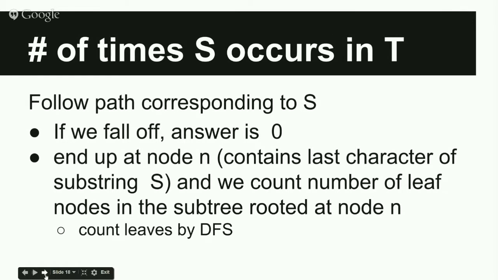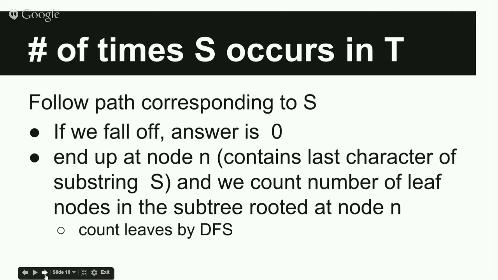If you end up at node n, which is the last node of the substring characters, you go to that node, and then you look at its children branches, and you find how many of them have a leaf node at the end. The number of leaf nodes that come out from the tree that starts from node n is the number of times that substring occurs in the text.